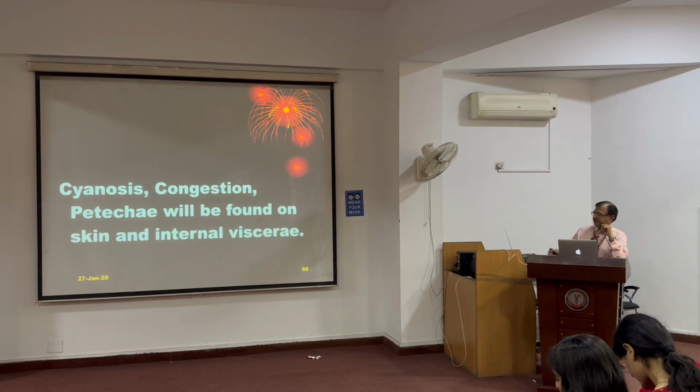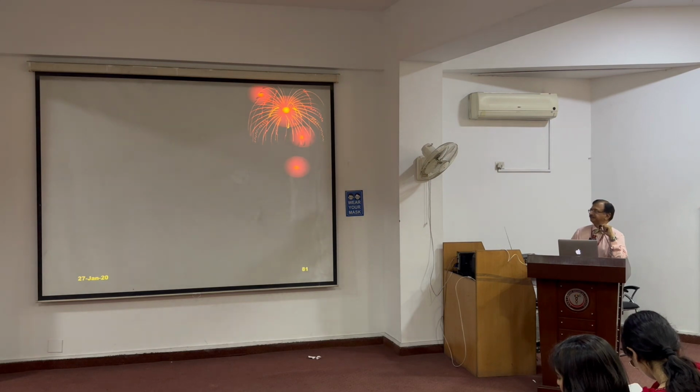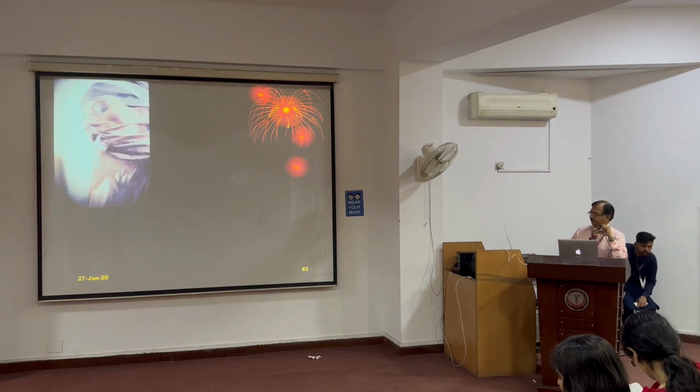And the blood remains in fluid form. In all asphyxial deaths, we have discussed that the blood remains in fluid form, and this is because of release of fibrinolysin from the endothelium of the small vessels, and this is responsible for fluidity of the blood. These are petechiae.